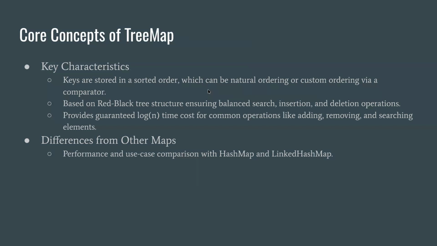You don't have to know the exact details of red-black tree and how to implement them, but just know that this red-black tree allows TreeMap to maintain a balanced order. So any operations like add, remove, and check exist are efficient, especially in O of log n time.